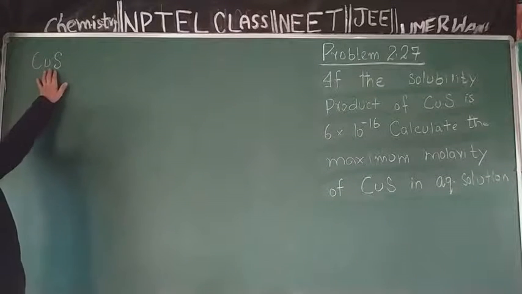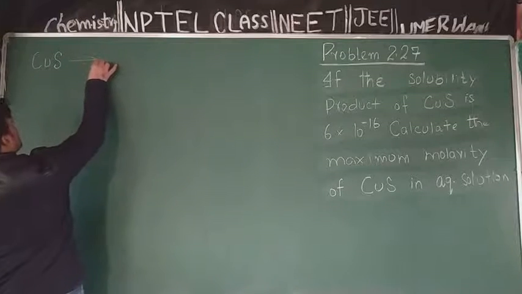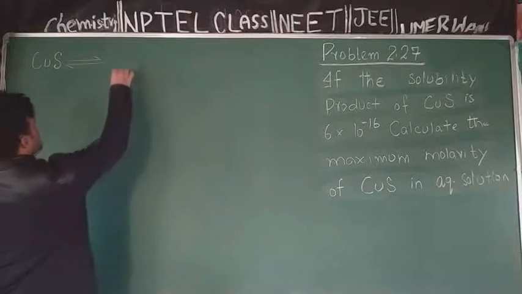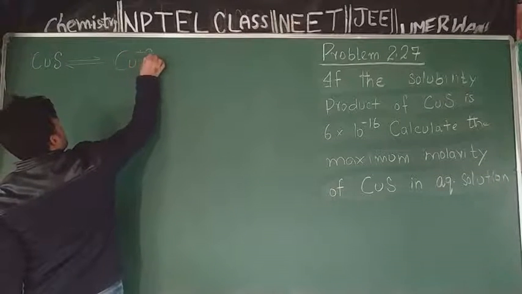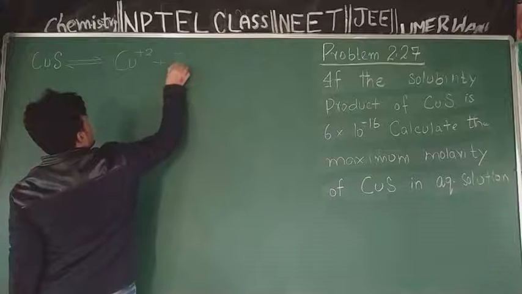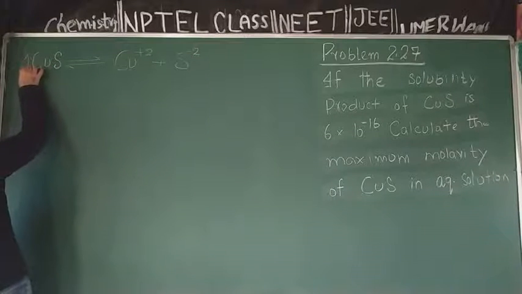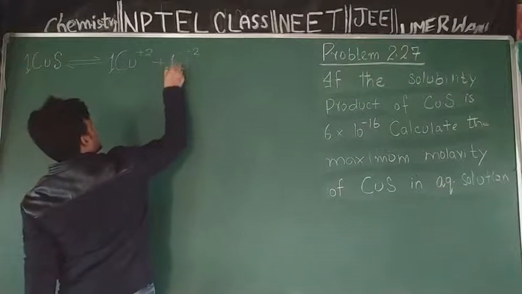This is a sparingly soluble salt. It will exist in the form of ions, that is cupric ion, copper 2 positive, and sulfide ion, that is sulfide 2 negative. And one formula unit of copper sulfide forms one copper ion and one sulfide ion.